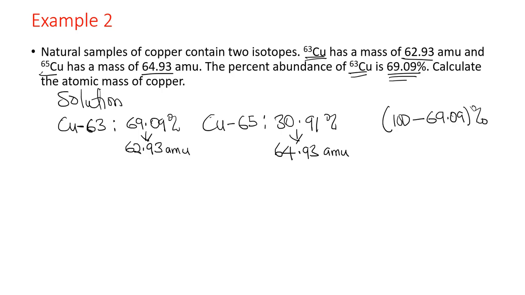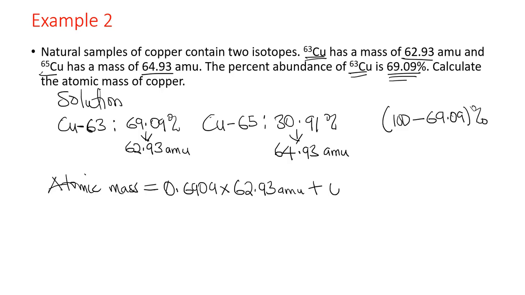Which means the atomic mass should be calculated by getting the ratios of each percentage. So here we start: 0.6909 times 62.93 plus 0.3091 times 64.93 atomic mass unit.